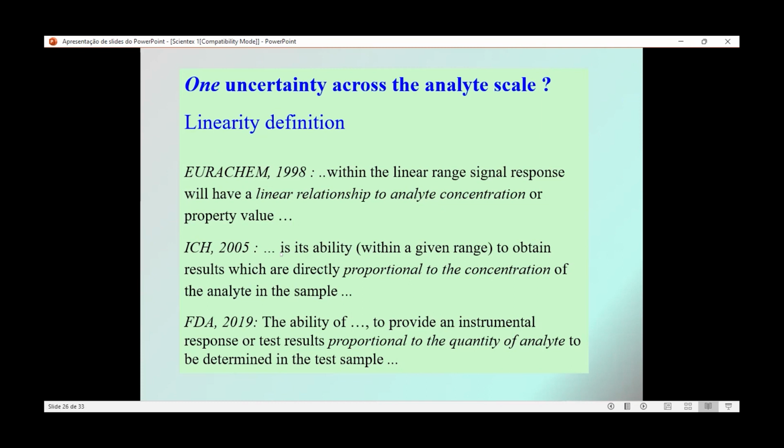It is the ability, within a given range, to obtain results which are directly proportional to the concentration of the analyte in the sample. By FDA 2019, linearity is the ability of a method to provide an instrumental response or test results proportional to the quantity of analyte to be determined in the test sample. But linearity has to be checked too.